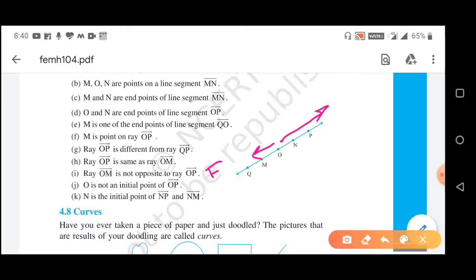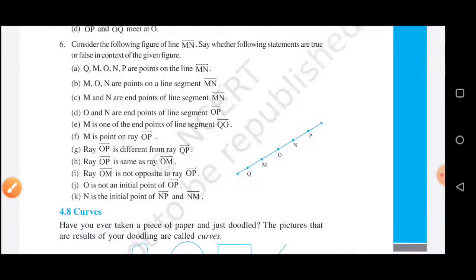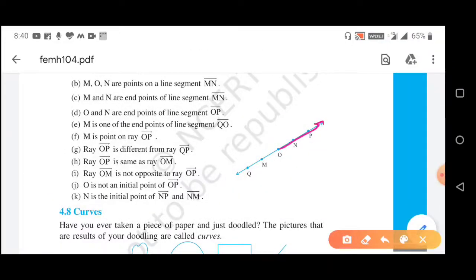Question number J, O is not an initial point of ray OP. So, if we take the ray OP, O is not the initial point according to the question, but here from the diagram we can say O is the initial point. So, it is false.